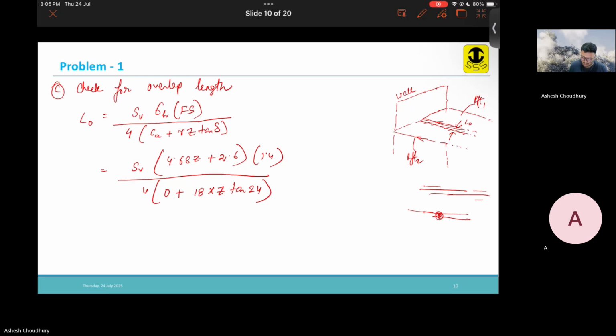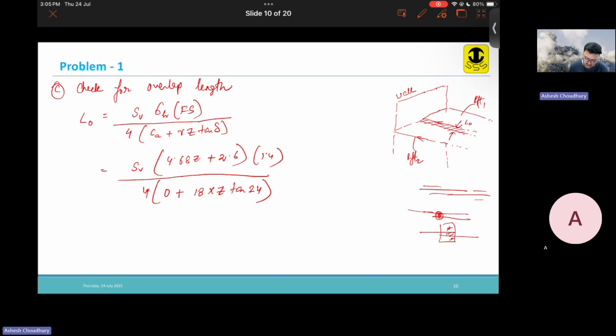I hope this four term is clear. Again and again I'm saying, these are two, one, two, three, four. This surface, this surface, this surface, this surface. So at the contact there are four surfaces. That's why you're using four.